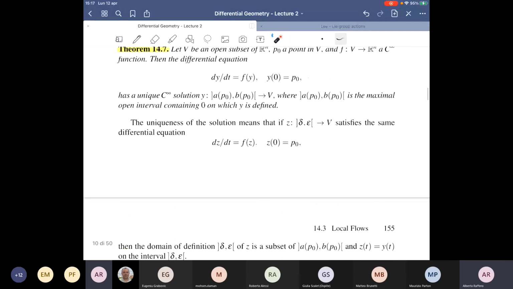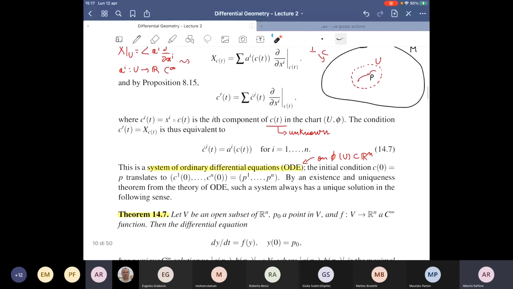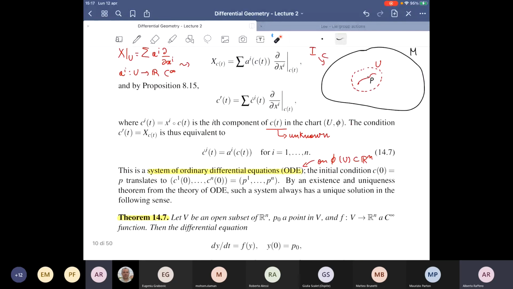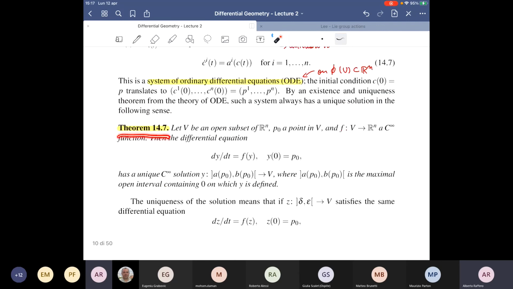And so as you can see, we started with a problem at the manifold level, and we reduced it to a problem of solving a system of ODEs with initial data on some open subset of R^n. And once we have solved this with the aid of this general result, we can bring back the solution.